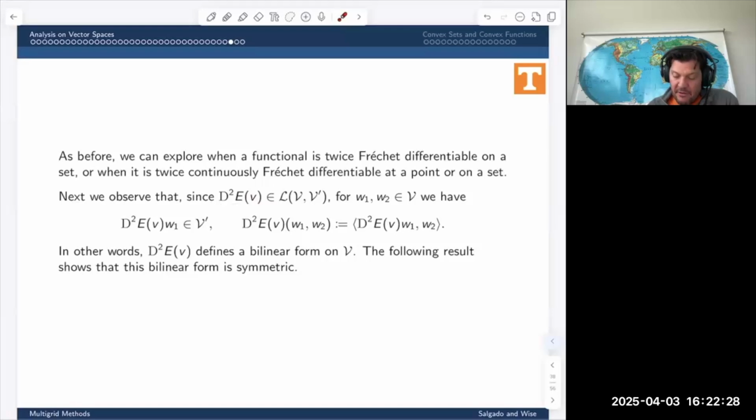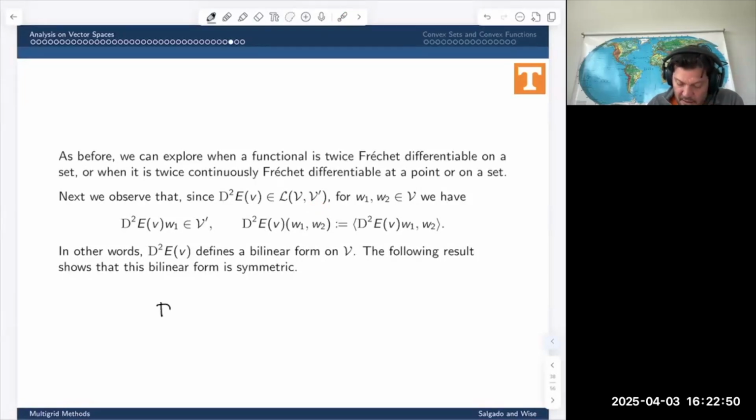That means for every v, which is now fixed, we can apply this at some point w1. And then what we know is once I apply it to w1, it's going to be in that space, V prime.